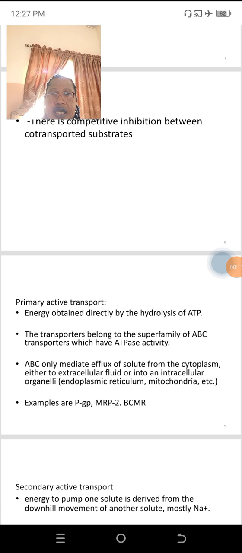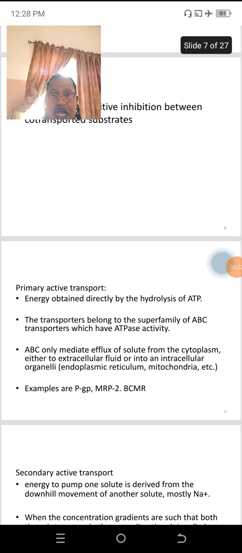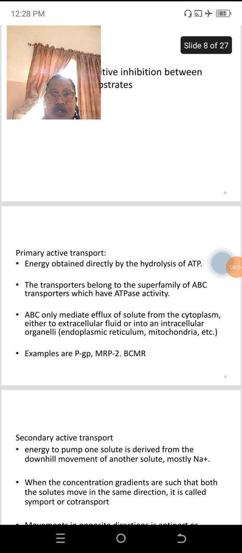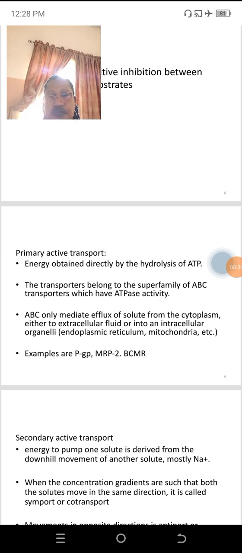The ABC family only mediates efflux of solute from the cytoplasm, either to extracellular fluid or into an intracellular organelle. Examples are P-glycoprotein, multidrug resistance protein 2, and breast cancer resistance protein.